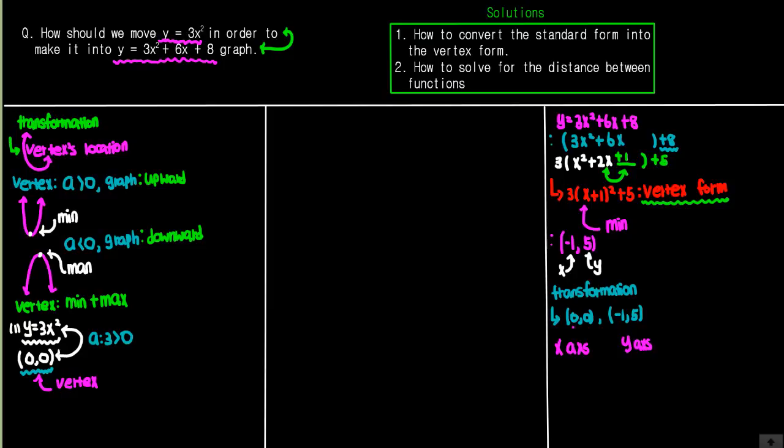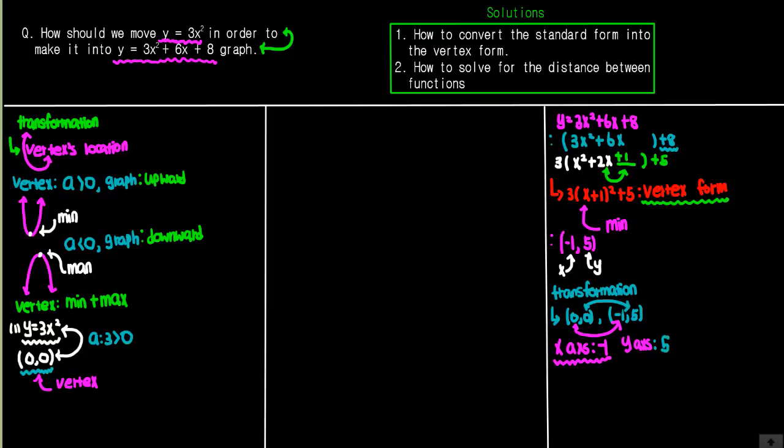If you see the difference between 0 and -1, the only difference is -1, but it is the x value, so we can see that they moved the original function in the x-axis direction by -1. For the 5, which is the y value, the difference between the two is 5.